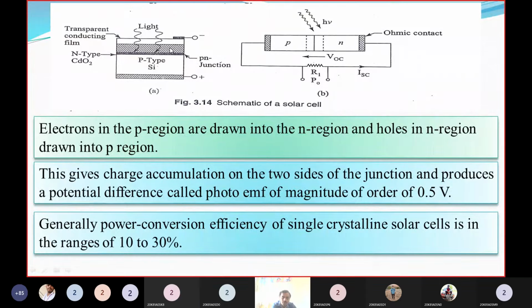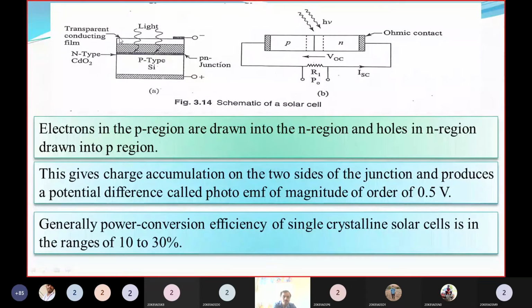We use one more layer, a transparent conducting film. What is the use of the transparent conducting film? It protects the semiconducting material.